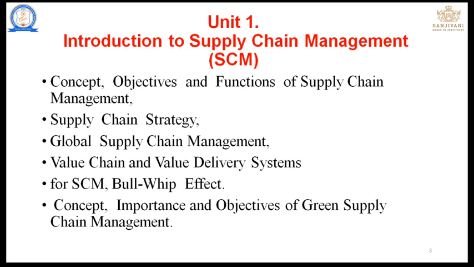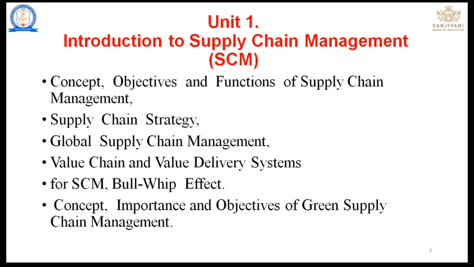We will see it in detail when we start the subject, but to understand such terms in a very simple manner, we look at Amazon, how Amazon delivers its goods to customers with a very proper delivery system. Then we also understand the bullwhip effect, a new concept for you, and how it affects the consumer and consumer satisfaction. Then a new concept in unit number 1 is green supply chain management.